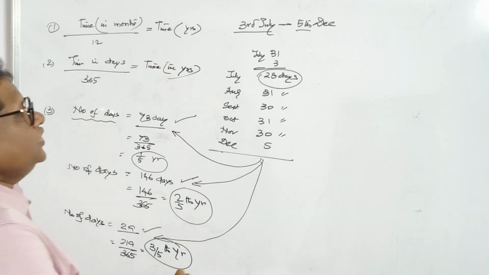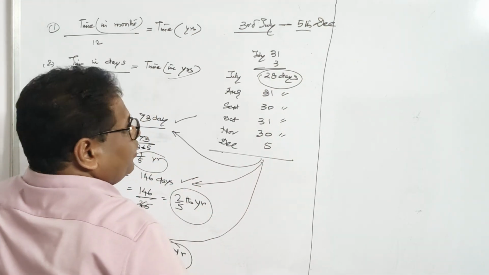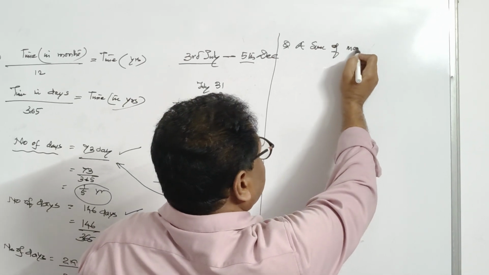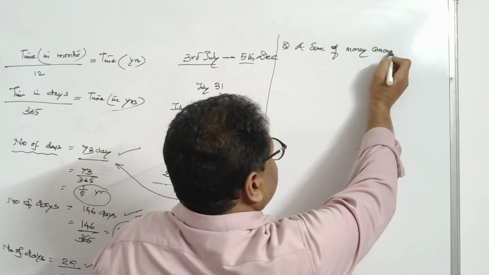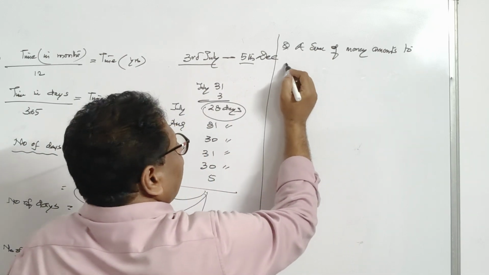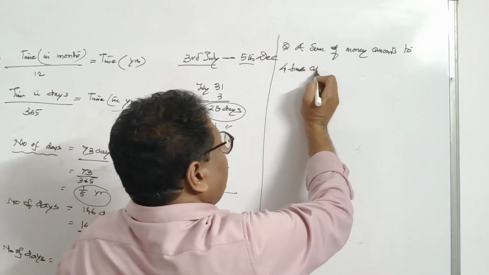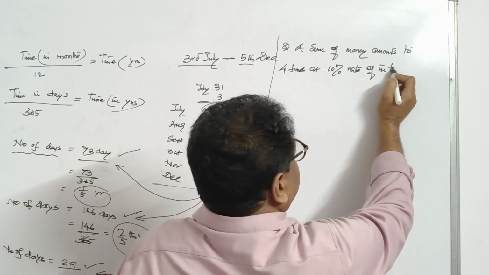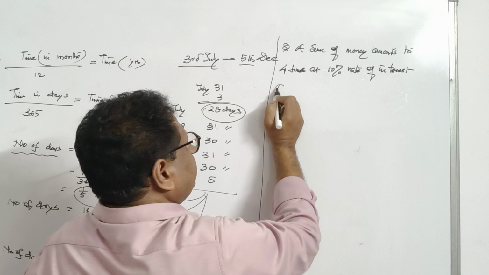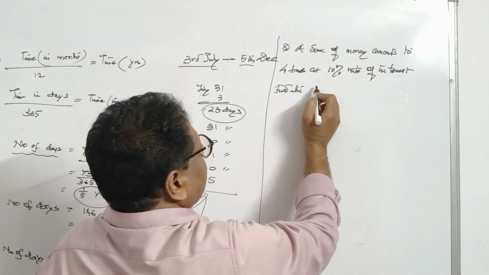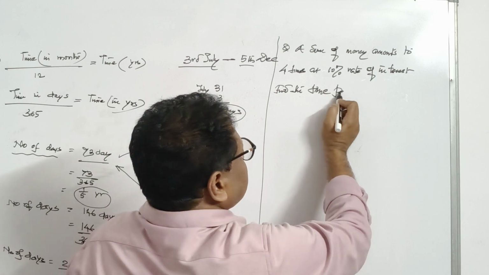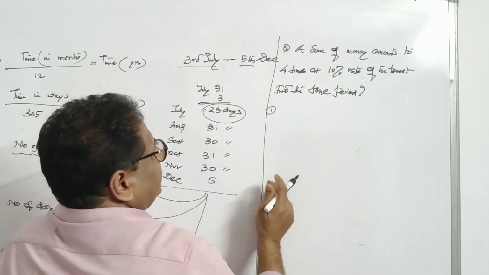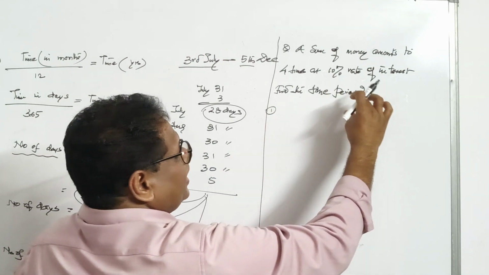Now suppose a question says a sum of money amounts to 4 times at 10% rate of interest, find the time period. That means you have to find the time. In these types of questions, you can take the principal as x or 100.